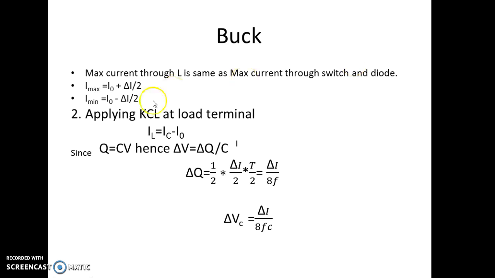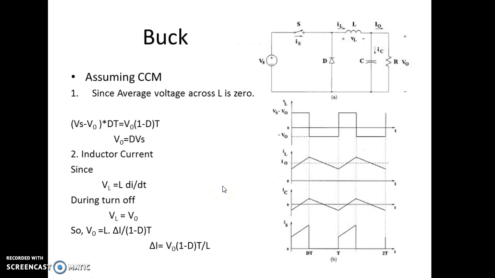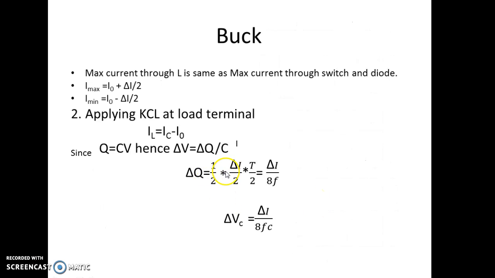Since we all know that Q equals CV and del V equals del Q by C, and del Q is nothing but the area of this part, that is this part is T by 2, this is delta I by 2, and this is the area of a triangle. So you will find delta Q equals 1 by 2 into del I by 2 into T by 2, that is del I by 8F, and del Vc equals del Q by C. This is the voltage ripple.